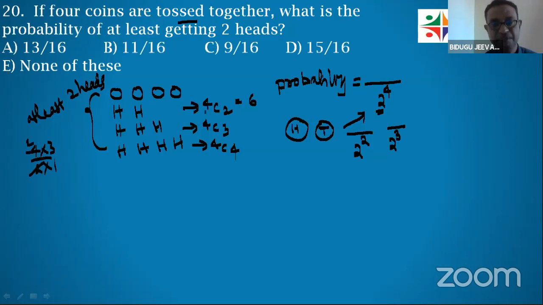It is 6. 4C3 is nothing but 4. 4C4 is nothing but 1. So together, it is 11. So your answer is 11 by 16. So absolutely B. Now your expression must be very clear so that we can express it clearly in the numerator. Denominator is very simple. What is our experiment? What we have to get, that's called our favorable event. Let me move to the next one.